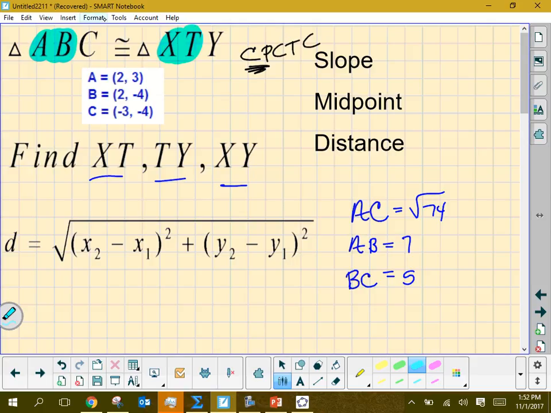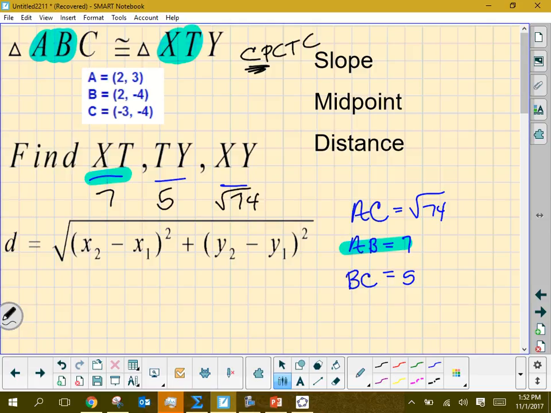So AB's length is the same as XT's length. XT is 7. What's TY going to be equal to? BC, and BC was 5, so TY is 5. And XY is the same as AC, which is radical 74.